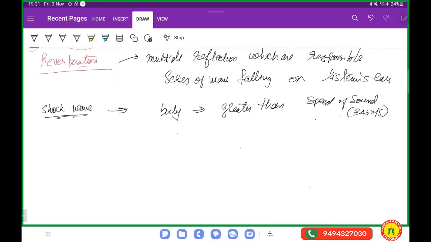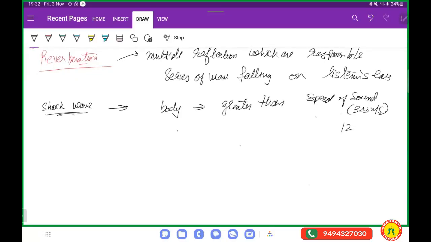How much will it be? 1.3. How much will it be? One, two, three, four. 4.8 kilometer per second. Sorry, not per second.